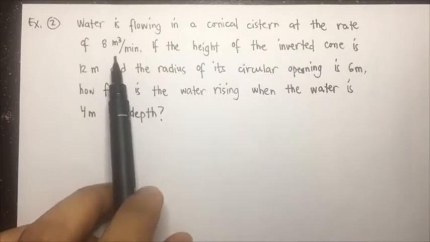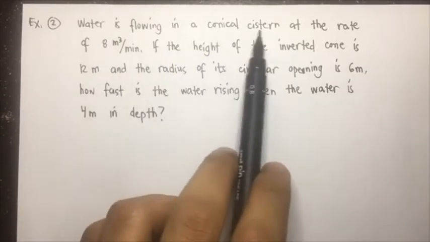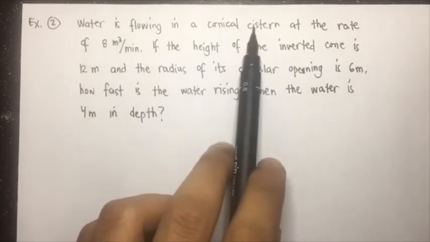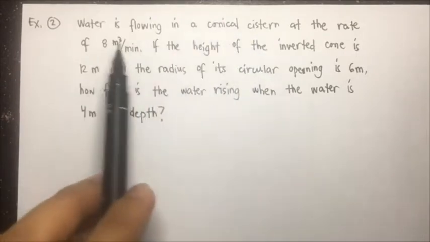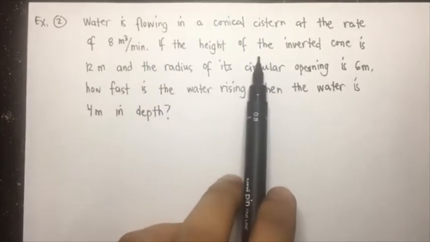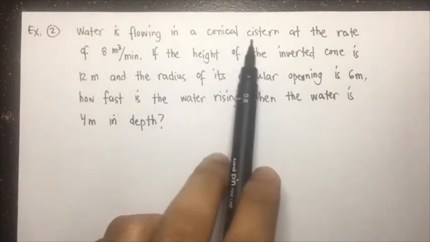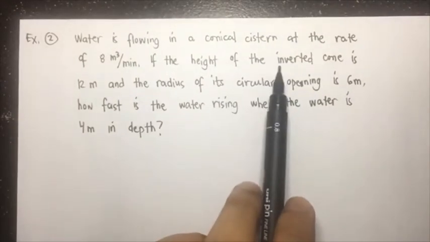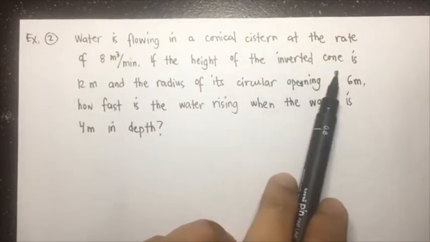Our container is a conical cistern, and it was described here that the shape of a conical cistern is in the form of an inverted cone.